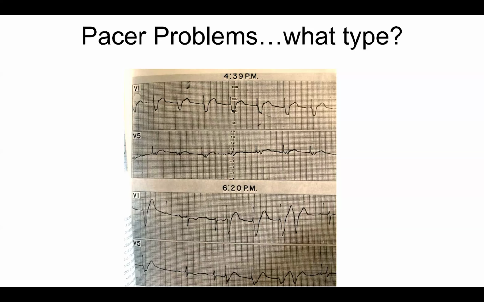In other words, this patient could come in, lie down on the table, we do a test, everything looks perfect, but you still have to understand why this tracing occurred. And sometimes if you have a patient lie on their left side or their right side, or stand up or bend over, you can reproduce these problems, because it could be an insulation issue that is only a problem in certain positions.